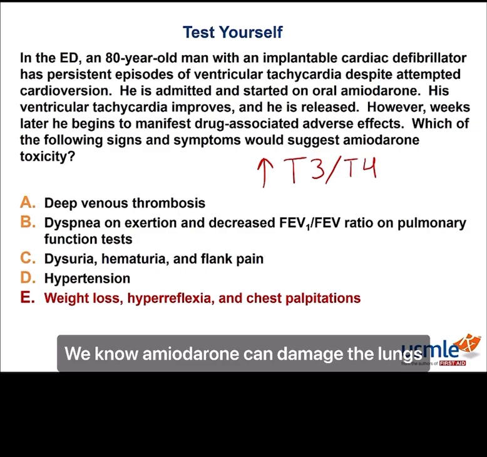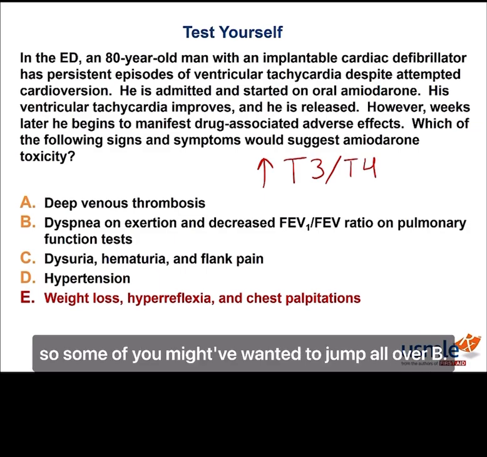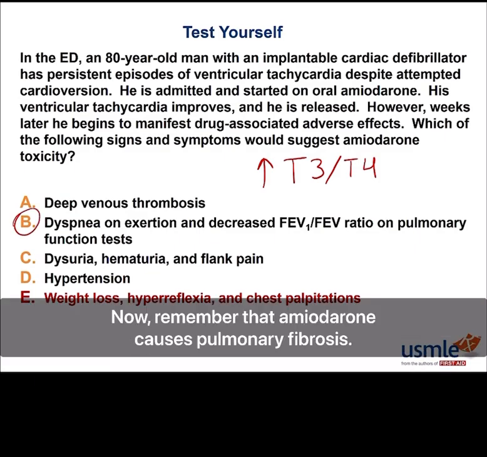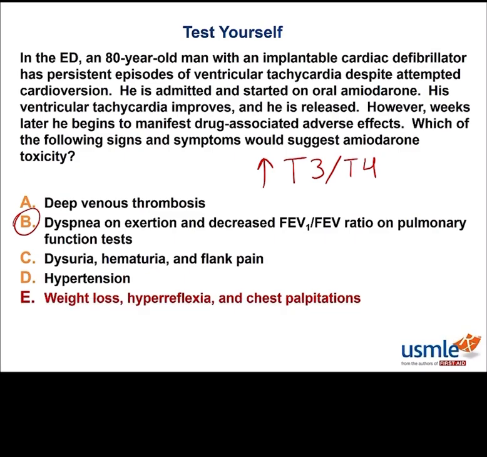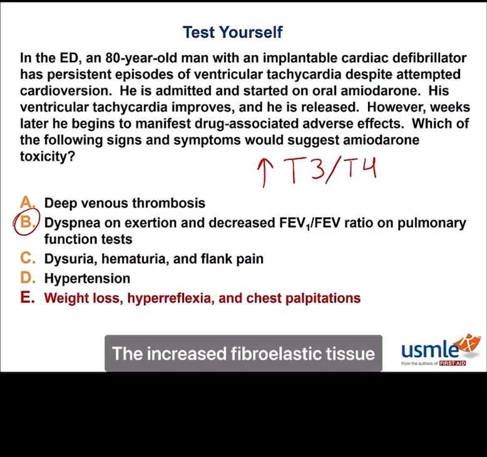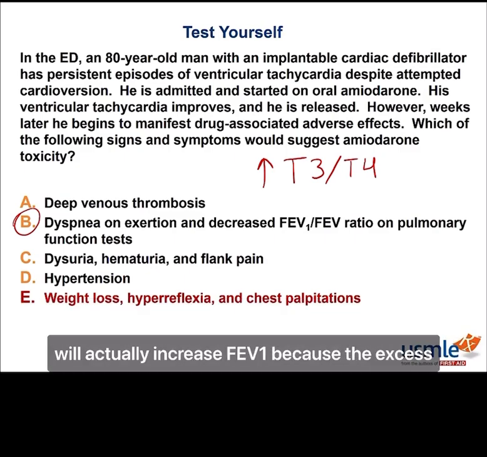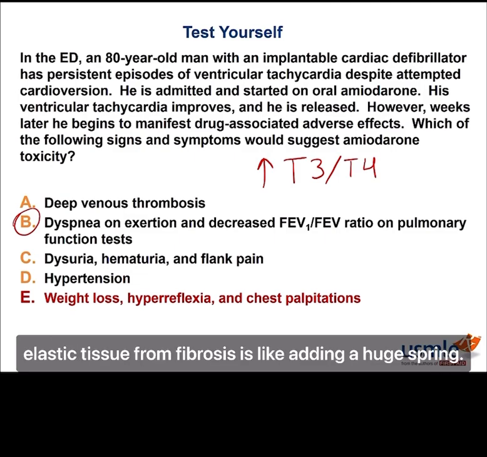We know amiodarone can damage the lungs, so some of you might have wanted to jump all over B. Now remember that amiodarone causes pulmonary fibrosis. The increased fibroelastic tissue will actually increase FEV1 because the excess elastic tissue from fibrosis is like adding a huge spring.